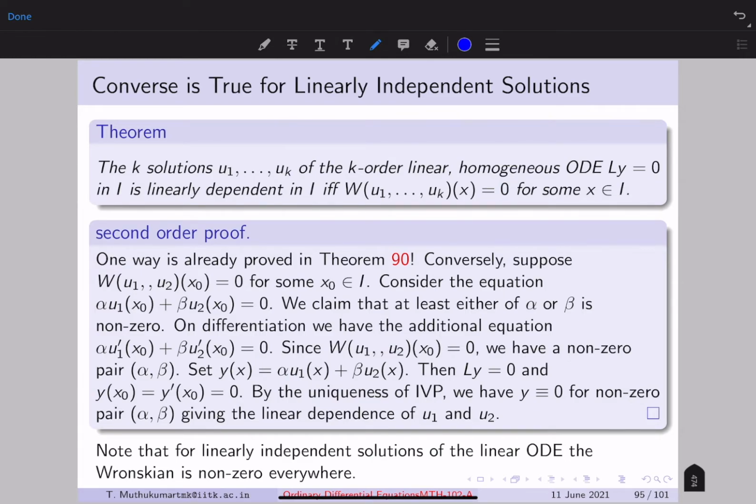From this proof you should also observe that if you have linearly independent solutions of the linear ODE, then the Wronskian is non-zero everywhere. Okay, this is from the converse that we have already done, right? We will anyway show this in the following theorem.